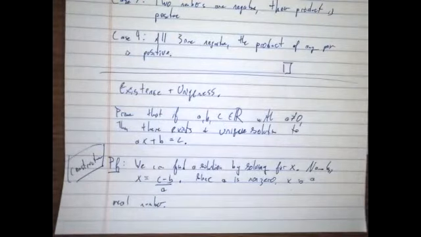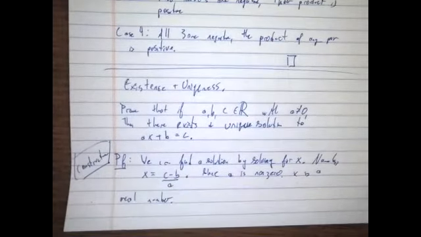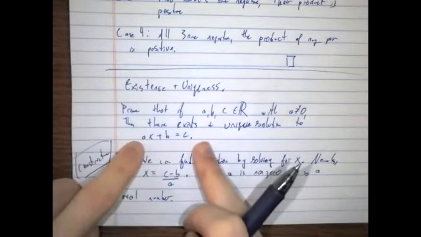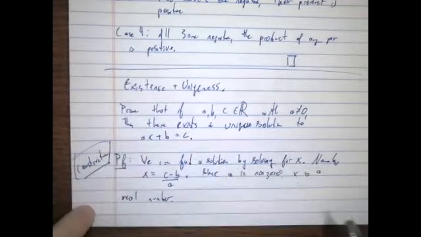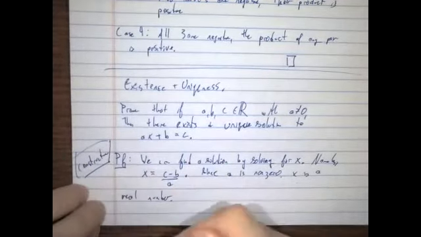Now, the second step is to show that it's unique. To show uniqueness, essentially we've already kind of shown it's unique because there's only one solution to this equation, namely we got it by solving for x.